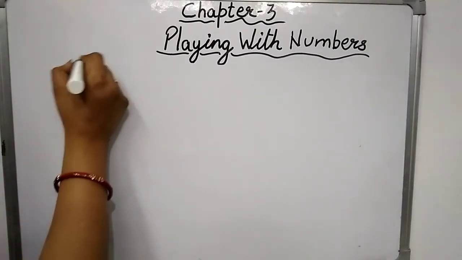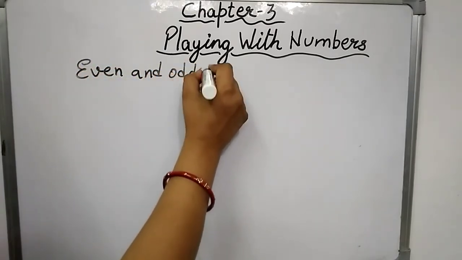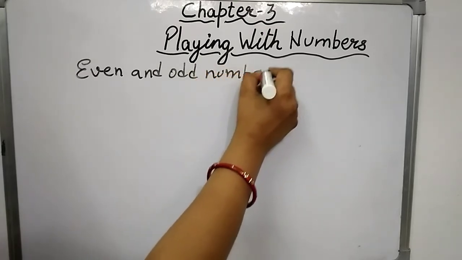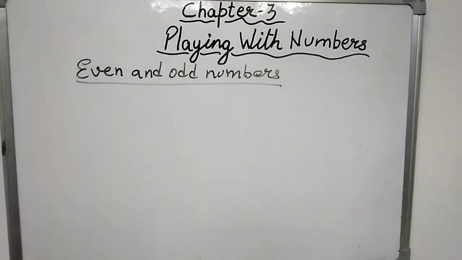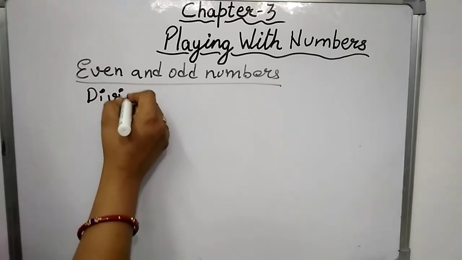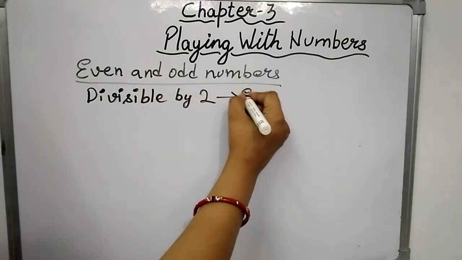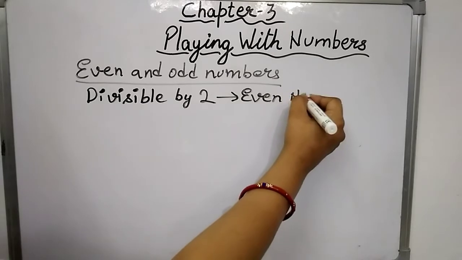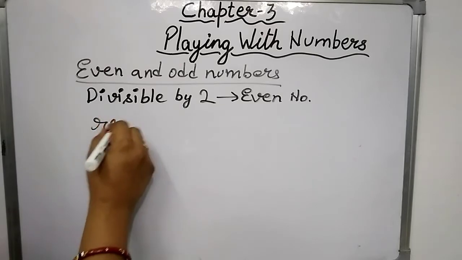Next topic is even and odd numbers. Numbers which are exactly divisible by 2 are called even numbers. Rest all numbers are considered as odd numbers.